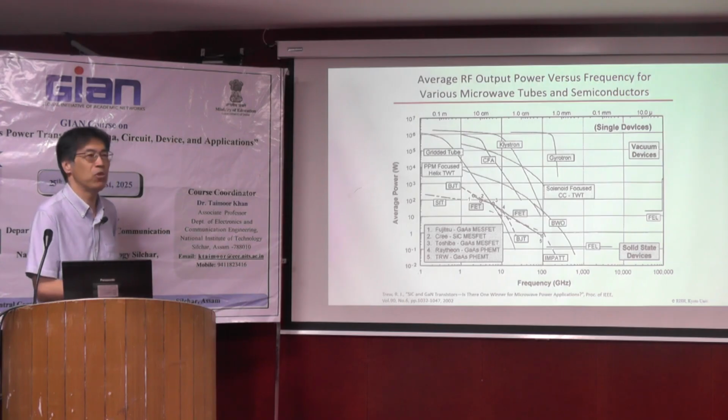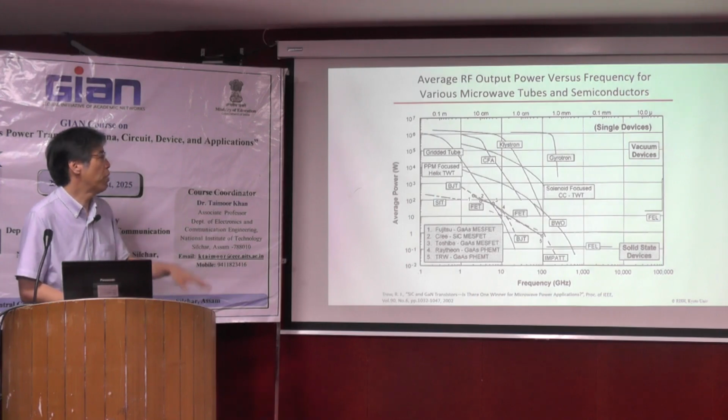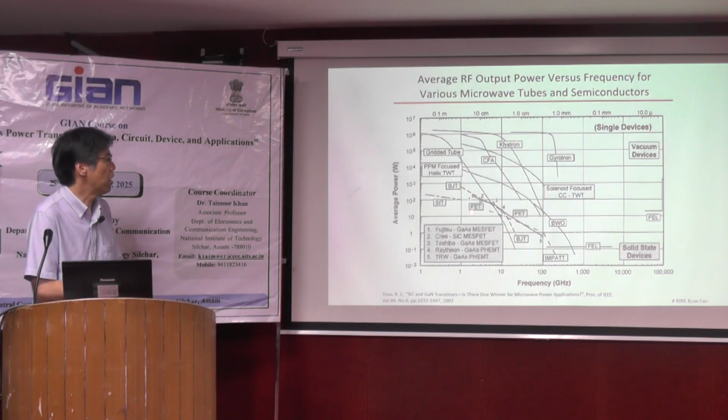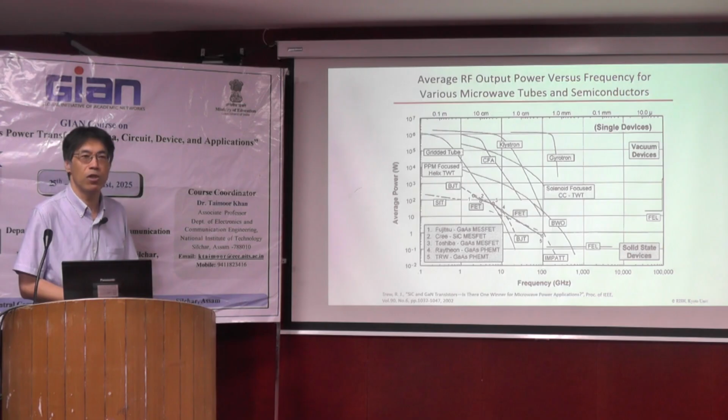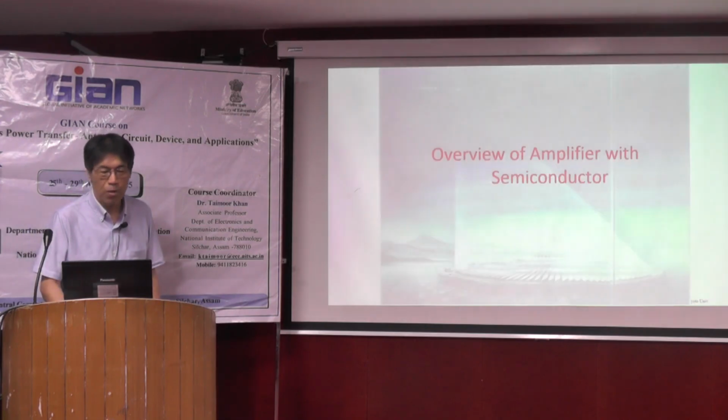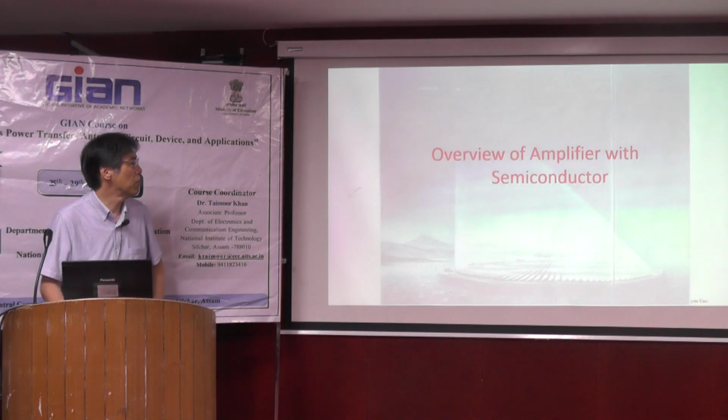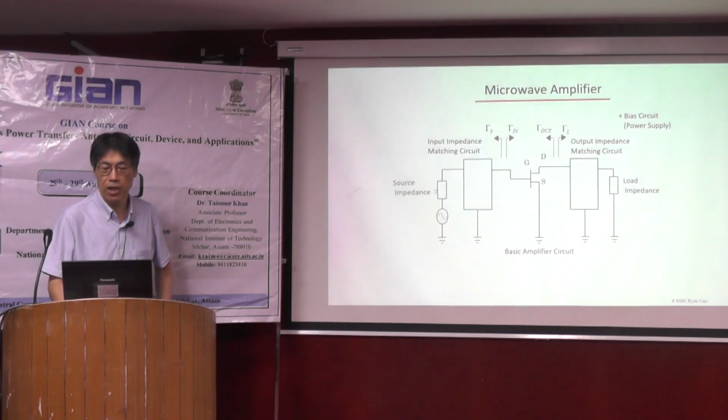I'll explain the microwave tube later. But generally speaking, low power, we use a semiconductor, and if you need more power, we use a microwave tube. And based on the viewpoint of the cost, microwave tube is better. But in this talk, I'd like to introduce a semiconductor technology mainly.